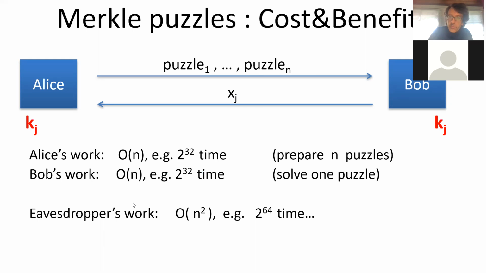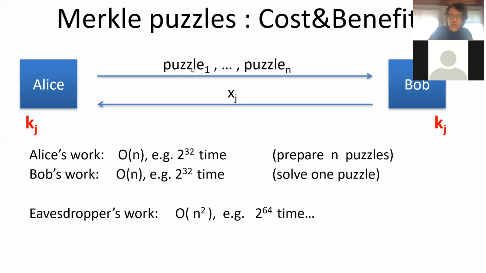Now, what about the eavesdropper? Well, the eavesdropper's work is quadratic, because if it's an ideal cipher, this stuff has no information, and the only way to find any information within it is to search through the preimages and apply the function forward.